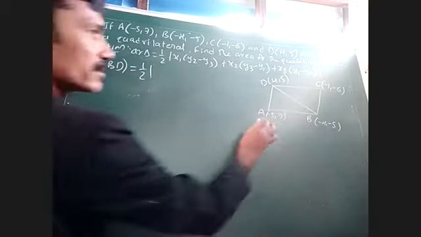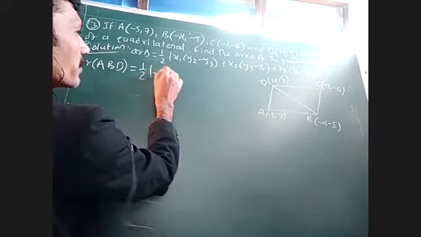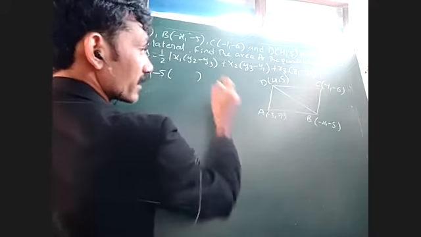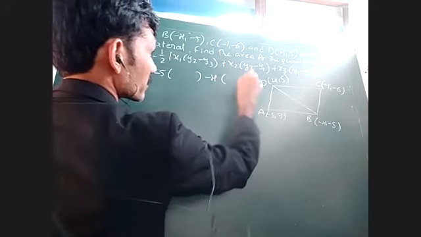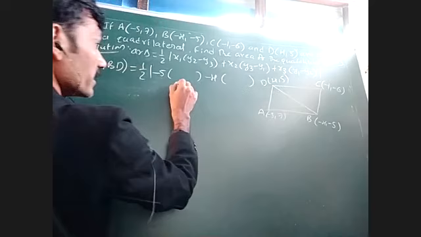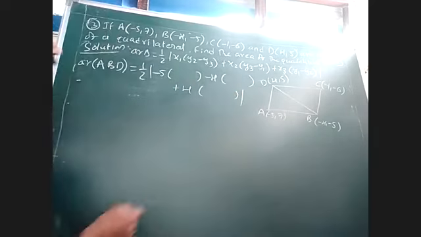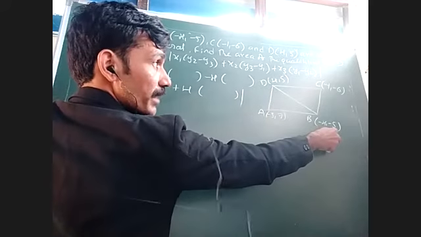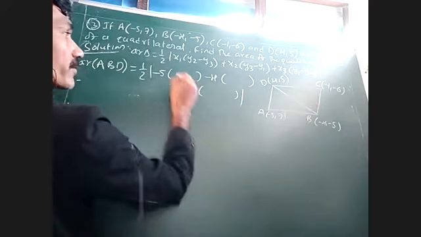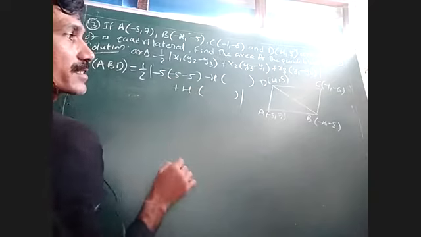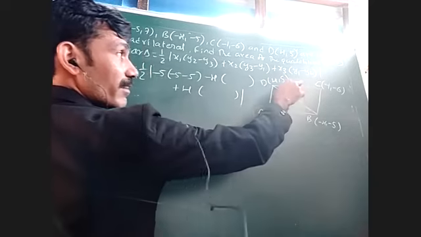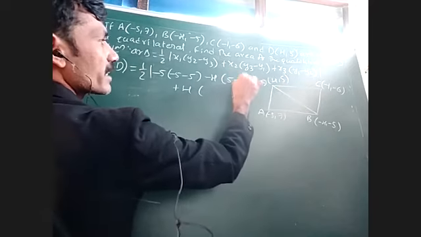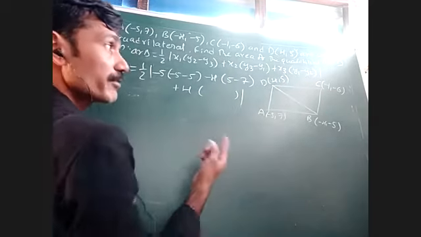For x1, first we have to write 5 times something, minus the abscissa of B, next the abscissa of D. Y2 minus y3, that is minus 5 minus 5. Next, x2 times y3 minus y1. Y3 is 5 here, y1 is 7. 5 minus 7.